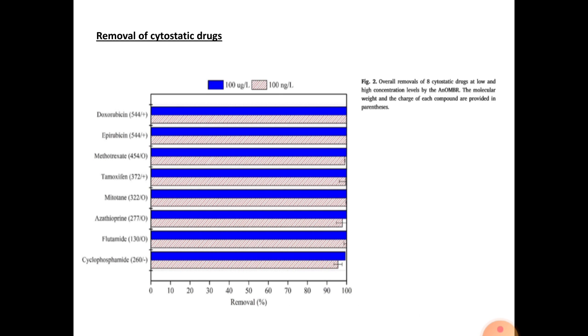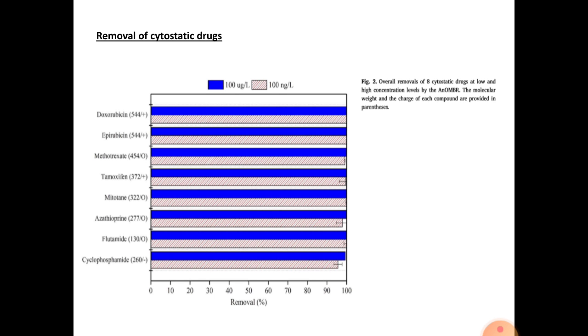But for some of the compounds like azathioprine, it can be seen that at the lower dosage of 100 nanogram per liter, their efficiency was around 95%.